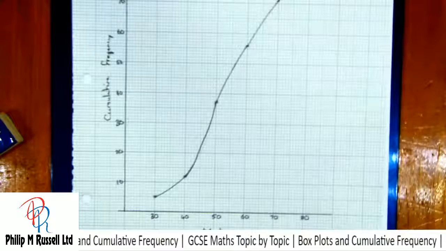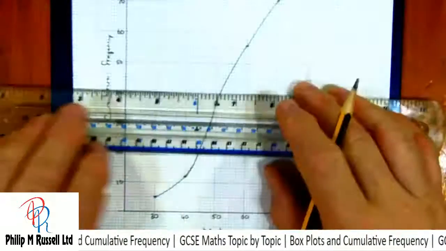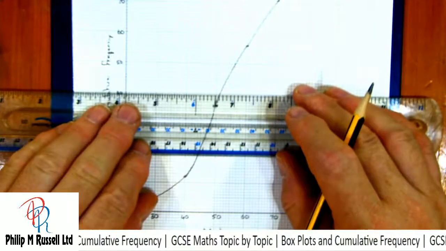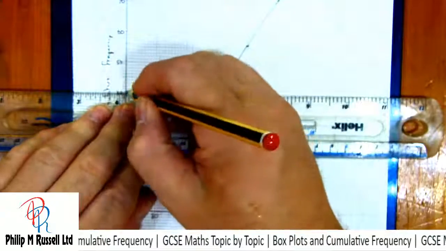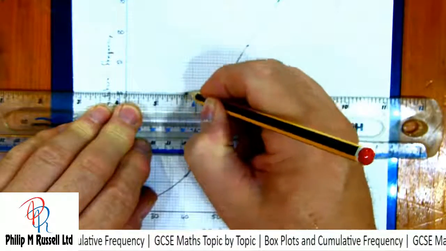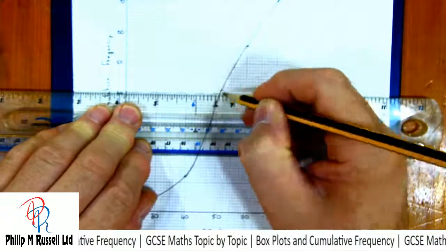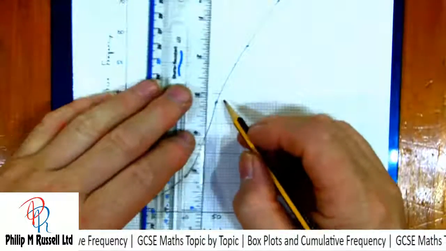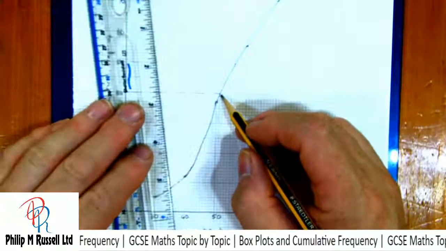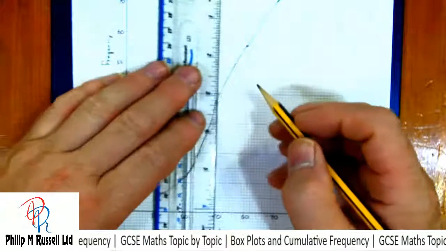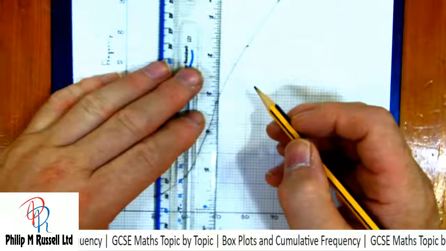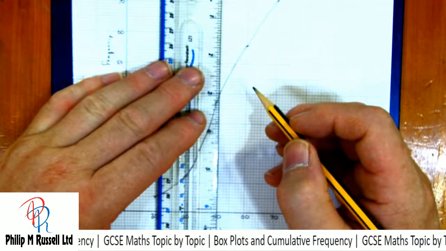So to work out the 40th value, let's go across from my 40 and where it reaches that line, we're going to go down at that point.